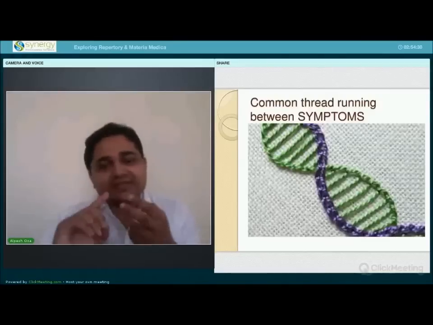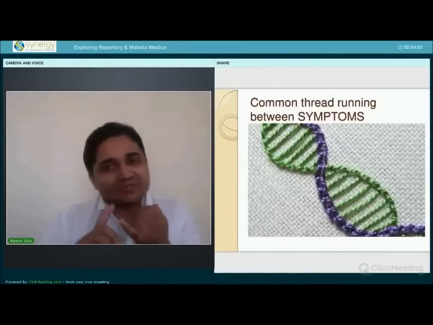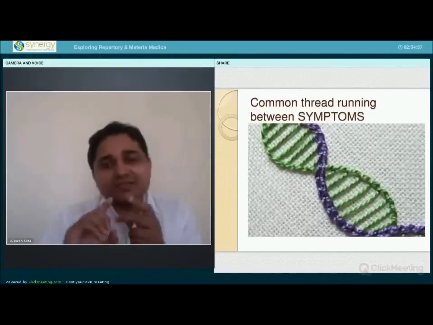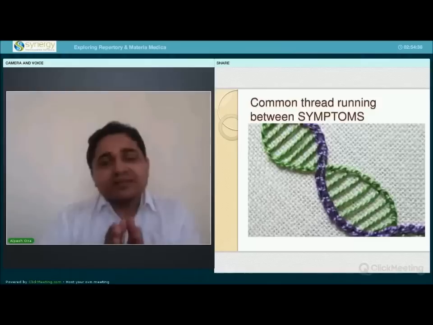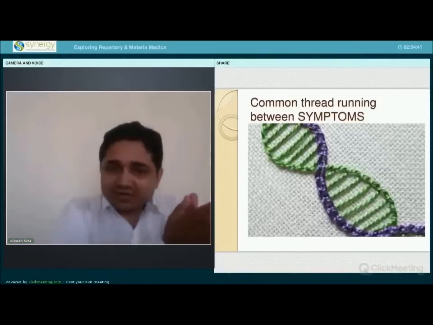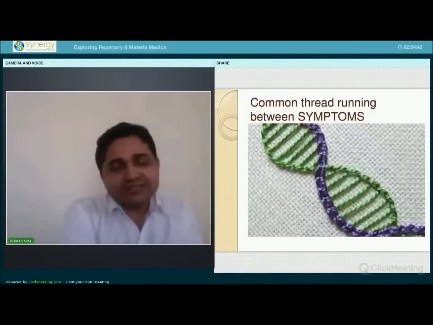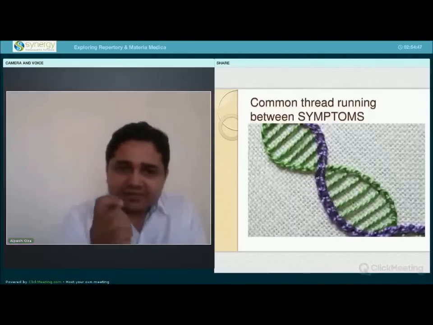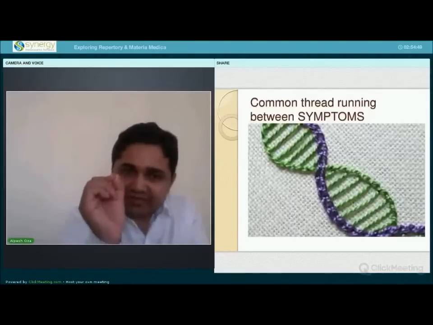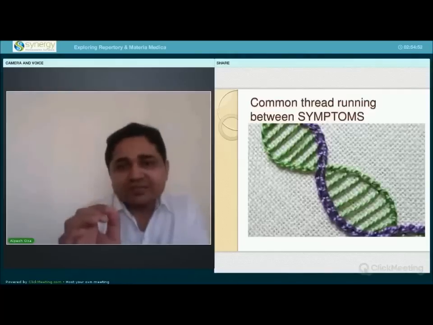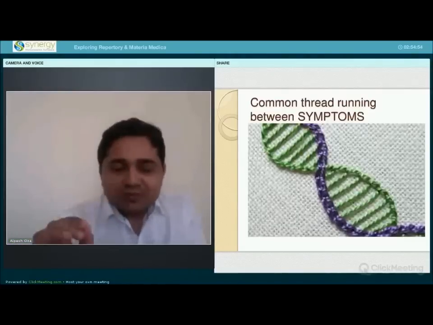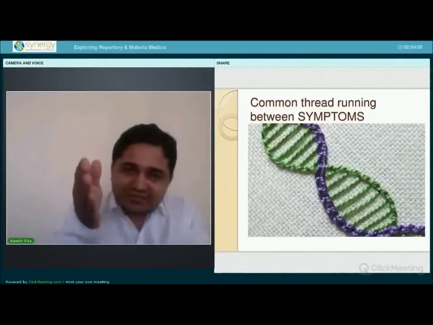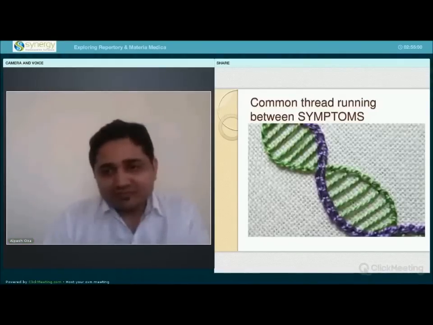It can be physical, mental, fever, general, particular, or any disease pathology. These modalities are there and are not altered by any disease condition, and that's how we have to study the very detailed, minute symptoms of the patient to identify a remedy, or to identify a thread which runs through the symptoms.